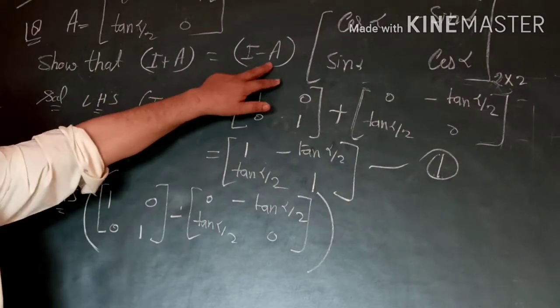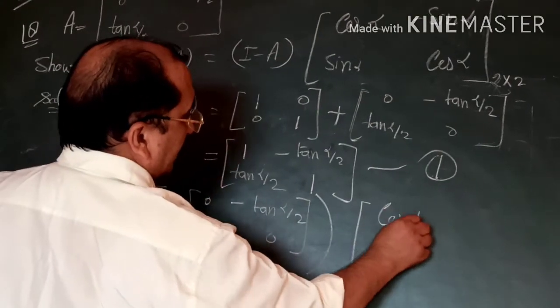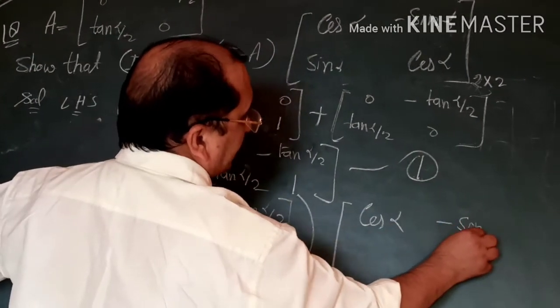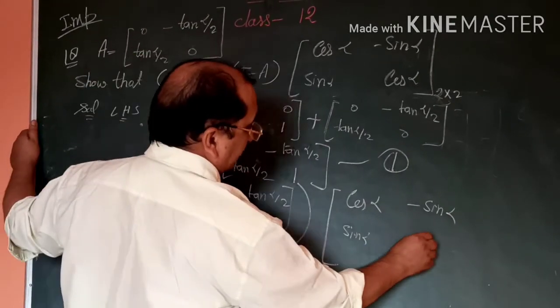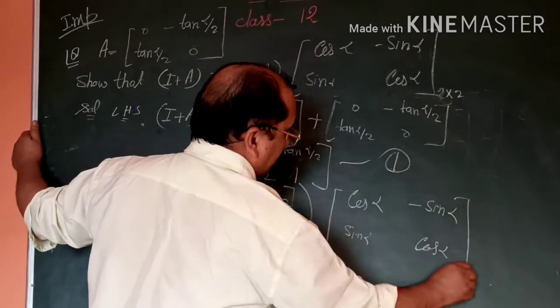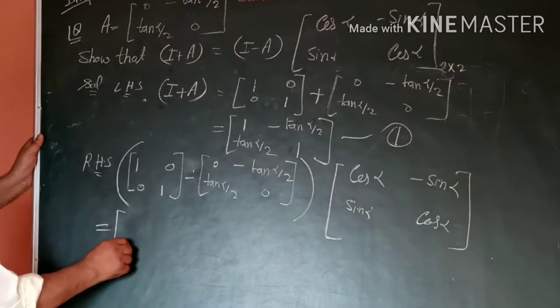This is I minus A, and within the next bracket, [cos alpha, minus sin alpha; sin alpha, cos alpha]. Okay, now see, first of all we will solve these things.